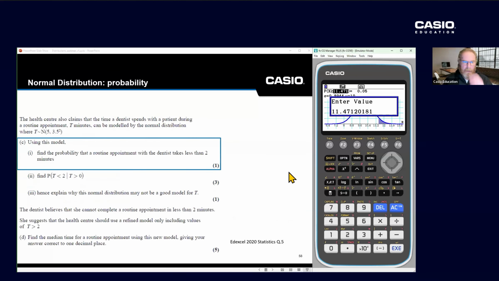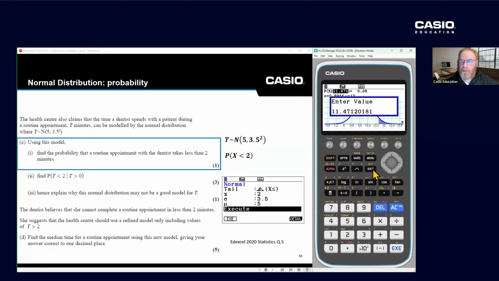Same question, keeps going. Slightly different distribution this time. Okay, and we said less than 2. So again, what I need to do is change the region and the parameters. So I've got to go left-hand side this time.